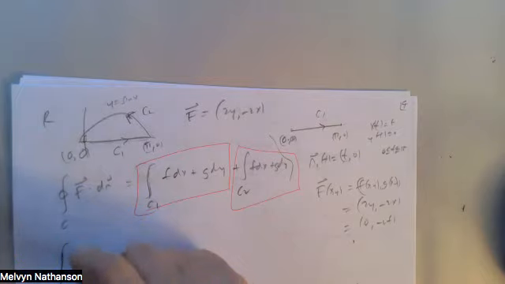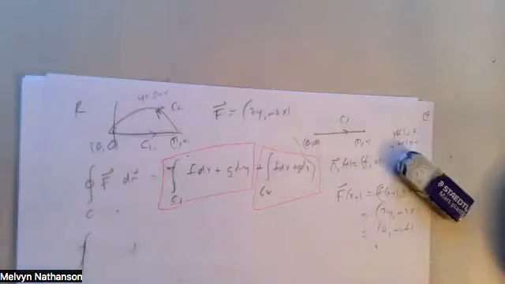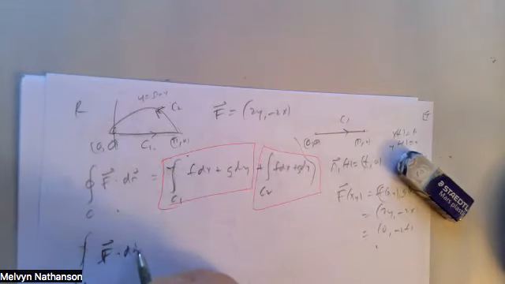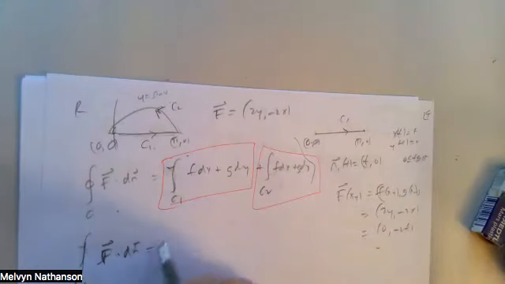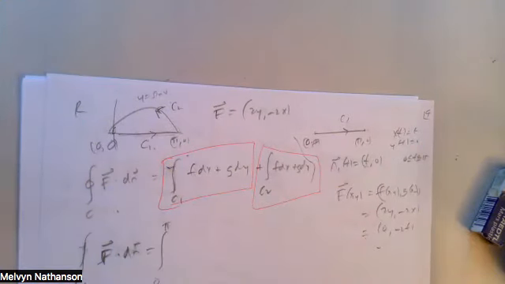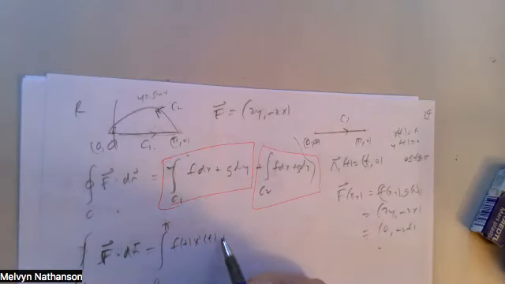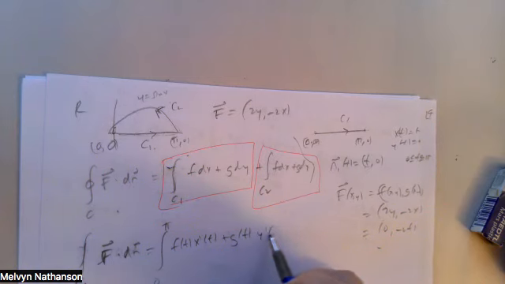So the integral along C1 of F dot dr, that circulation, is an integral from 0 to pi of f of t x prime of t plus g of t y prime of t dt.